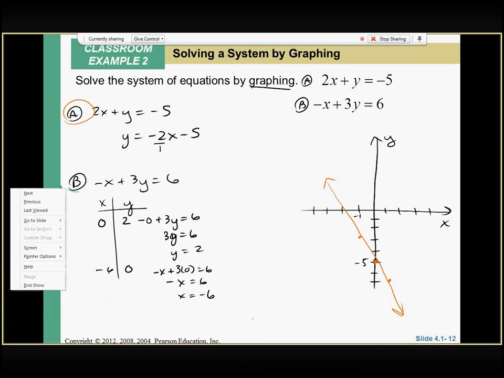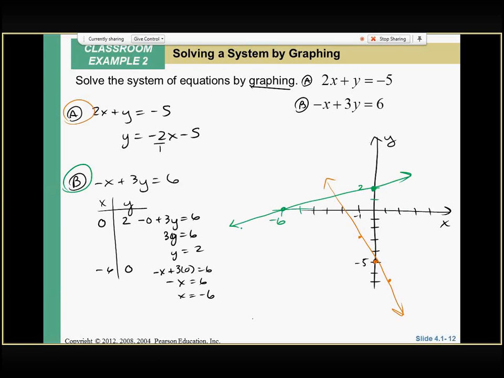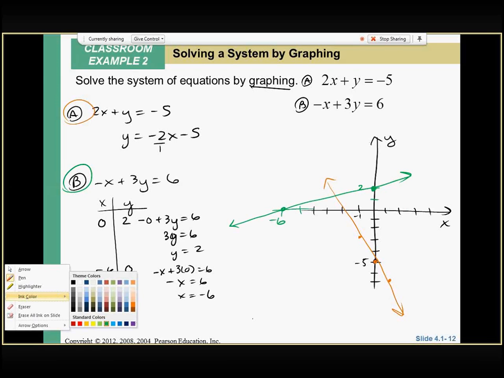So I'm going to graph B with green. So (0, 2) and (-6, 0). I am now going to connect the dots there. Now what happens here is where the two graphs intersect.